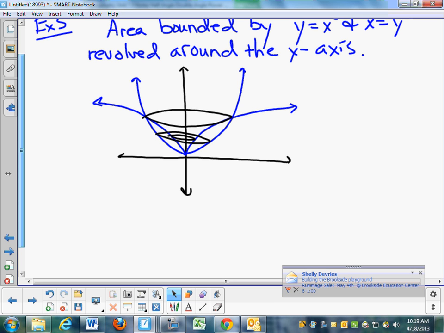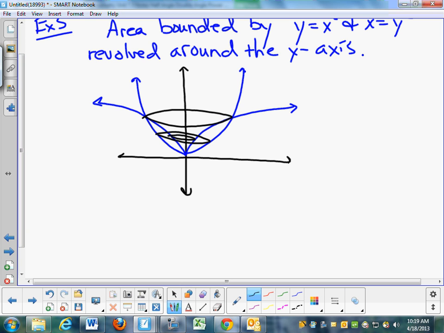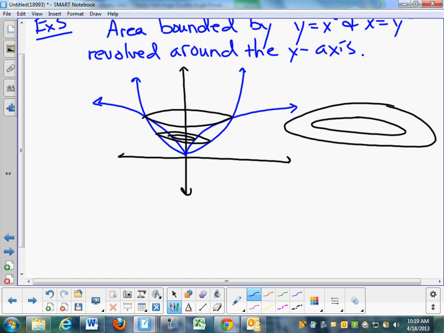So now when I draw my shape, I can draw my washer over here. That's what I cut out, right?